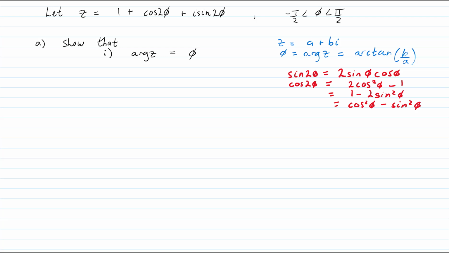So if we've got a complex number z, a plus bi, then the arg of z is equal to arctan of b over a. So arctan of the imaginary over the real part. Okay, and we also have to just make sure theta is going to be between negative pi over 2 and pi over 2.